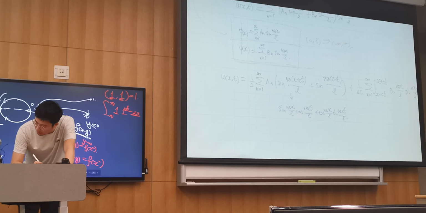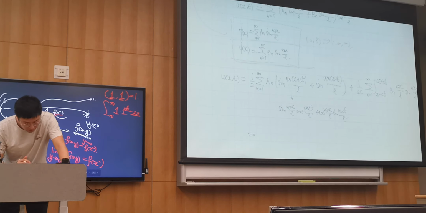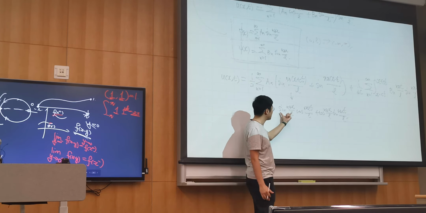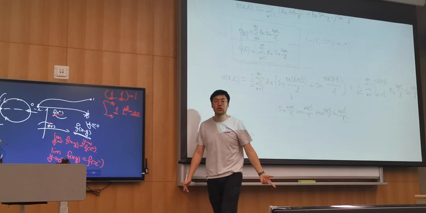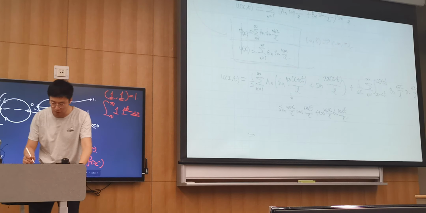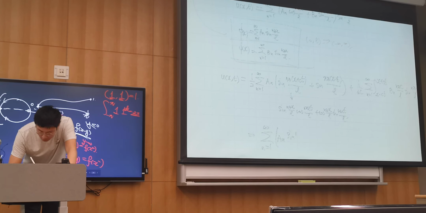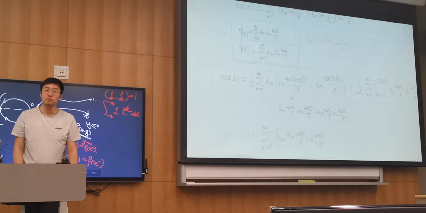Therefore, the first term now becomes, and here's a 1/2. So the two pieces of sine, cosine is going to cancel with the 1/2. So the first term now becomes sum m from 1 to infinity, a_n sine m pi x over L cosine m pi ct over L. So that's good.